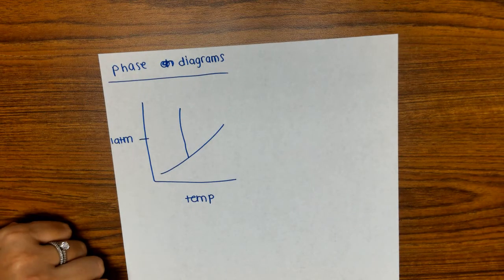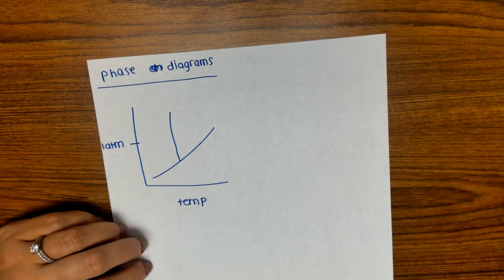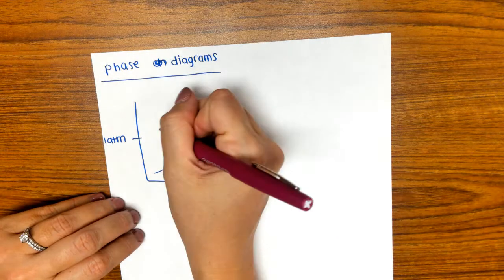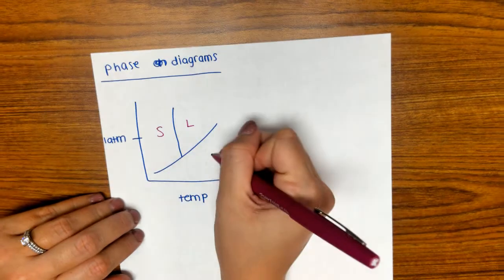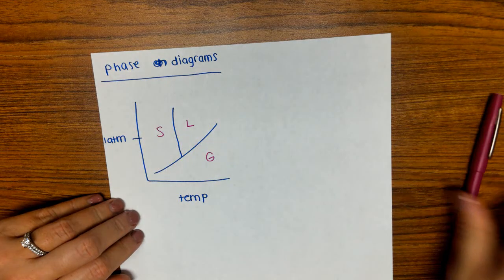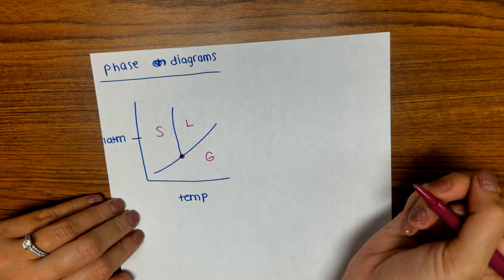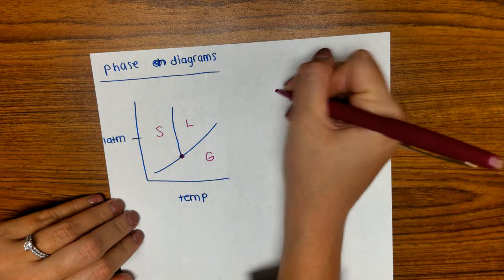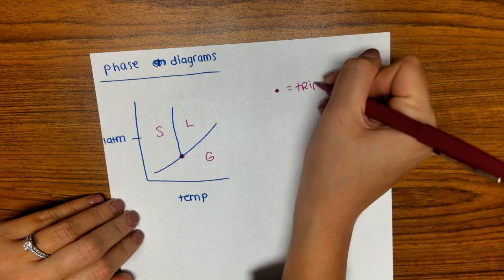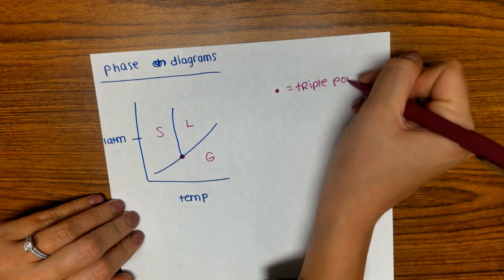And then last but not least, phase diagrams, because you really have never seen these before. So phase diagrams you'll see like this. They're not going to be labeled, but they all have the same general label: solid, liquid, gas. And so this point right here, that is the triple point, where all states of matter occur at the same time. We watched that video.